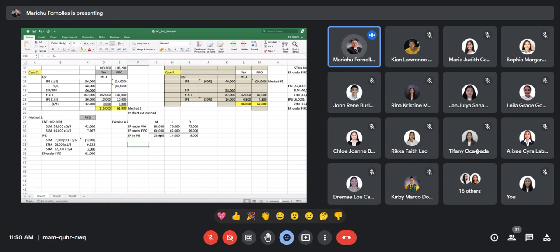Okay, so now we can come up with the average unit cost under weighted average.